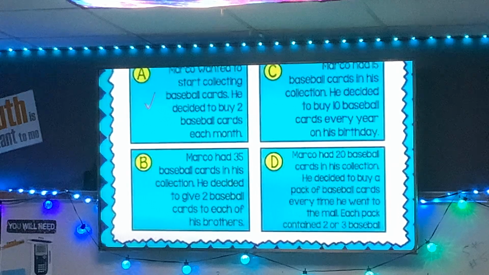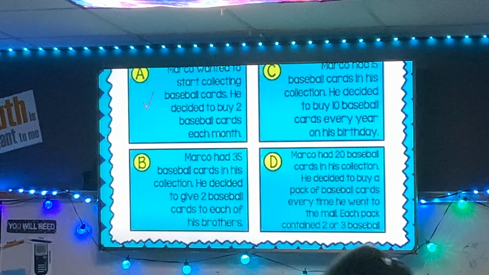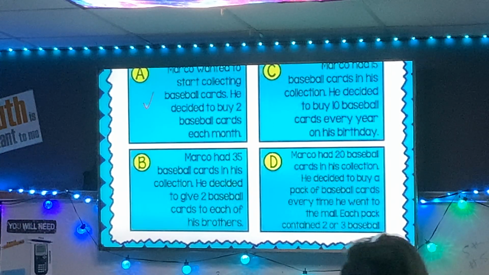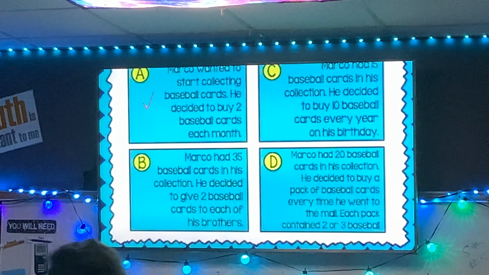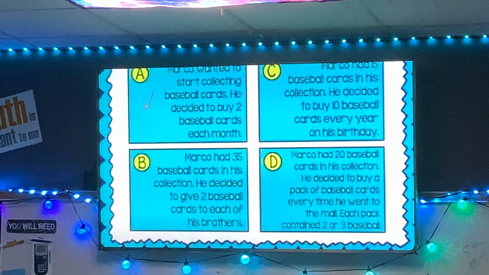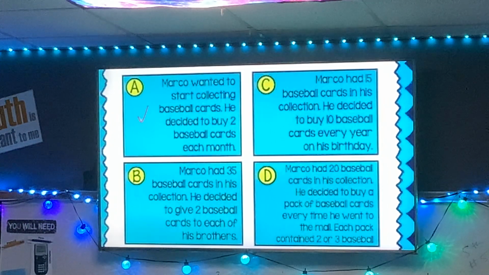Let's look at B. Marco had 35 baseball cards in his collection. Isn't that my y-intercept? Isn't that his beginning? Automatically you know that would cross at 35. C. Marco had 15 baseball cards in his collection.